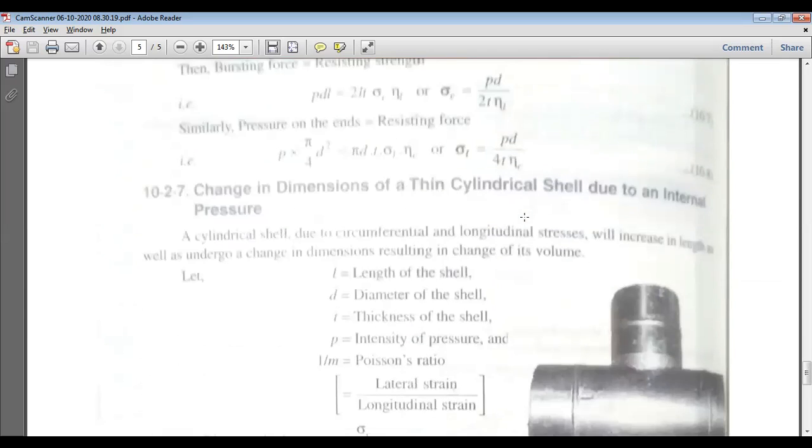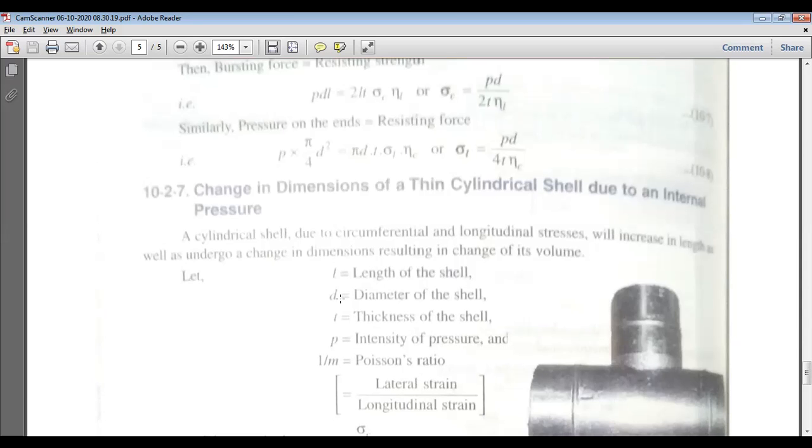These are joined together to form a cylindrical shell, rather than from a single piece, by joining two longitudinal shells.